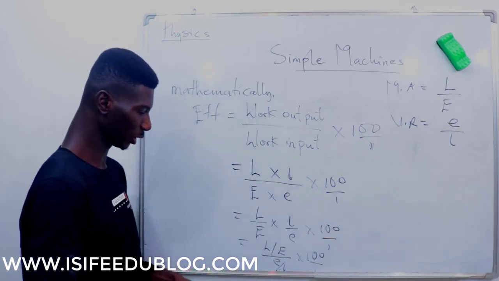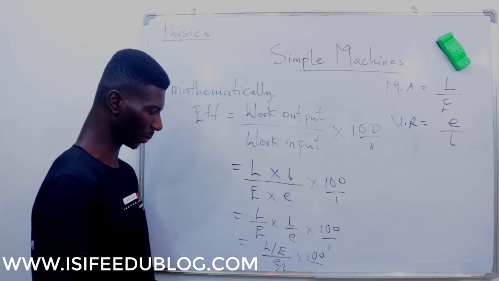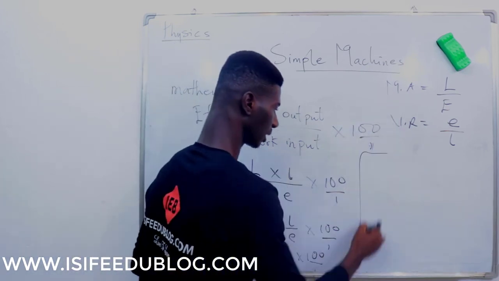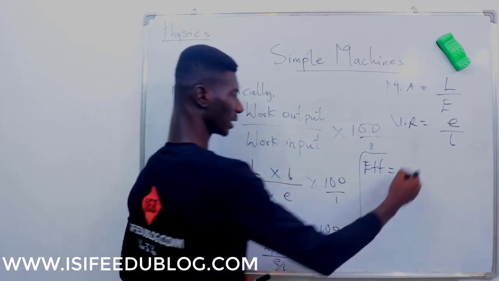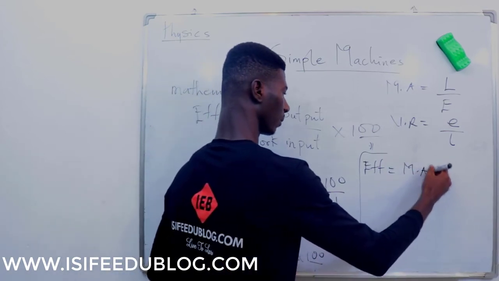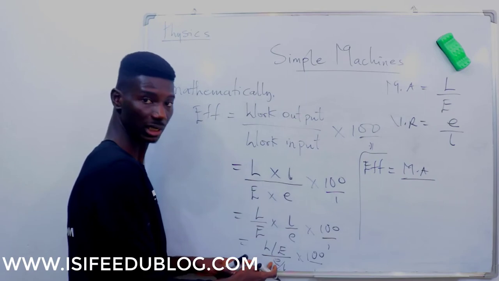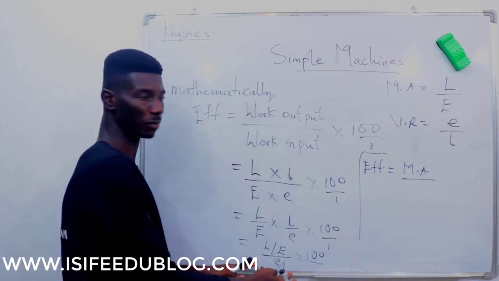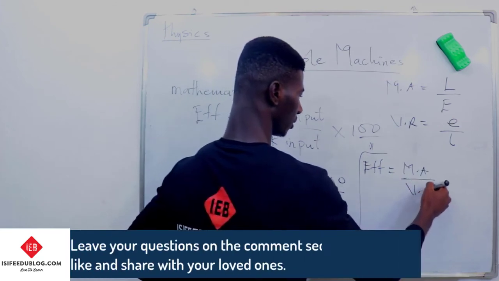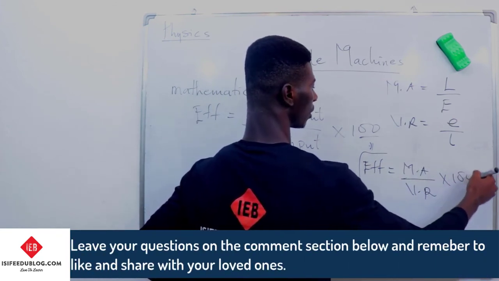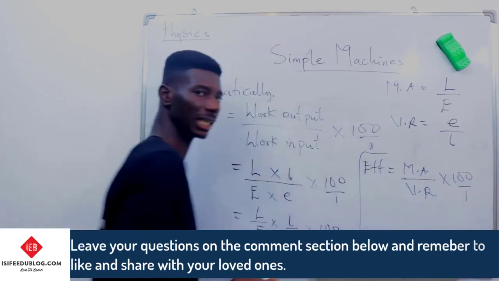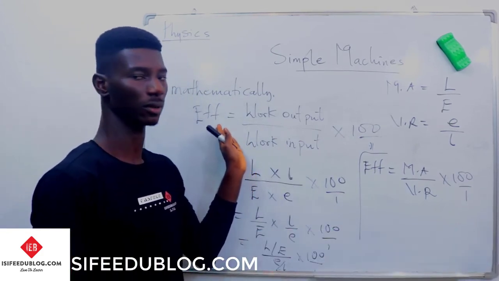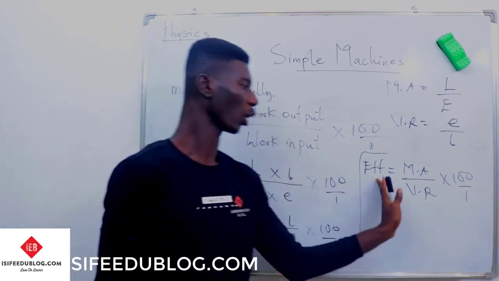I hope you can see that. So what is up now? Load over effort, which is mechanical advantage. So our efficiency now becomes mechanical advantage divided by distance moved by effort over distance moved by load, which is our velocity ratio, times 100 over 1. So either you use this formula, which is the original formula of efficiency, or you use this.